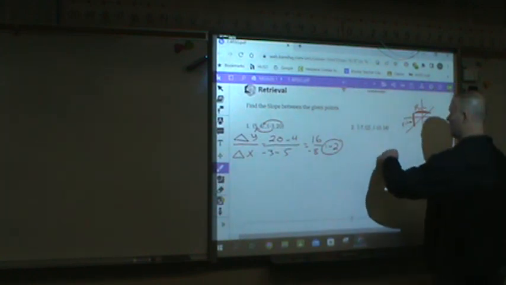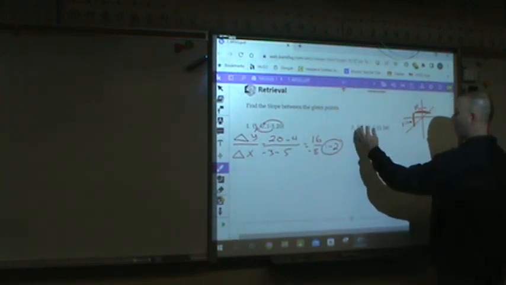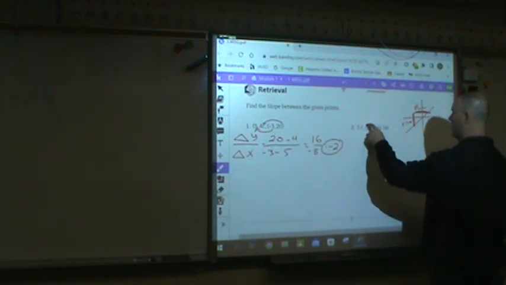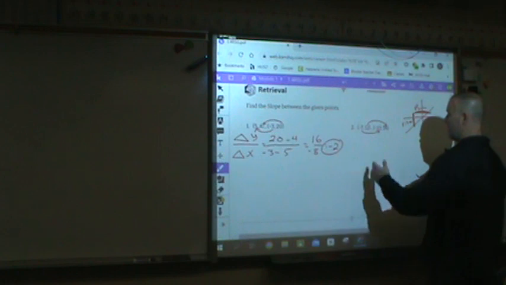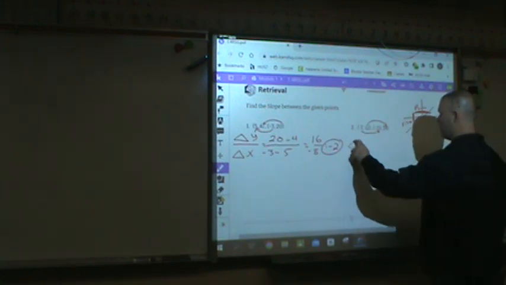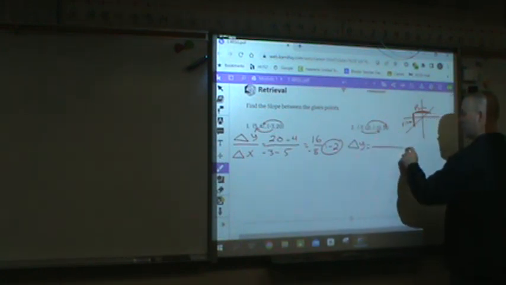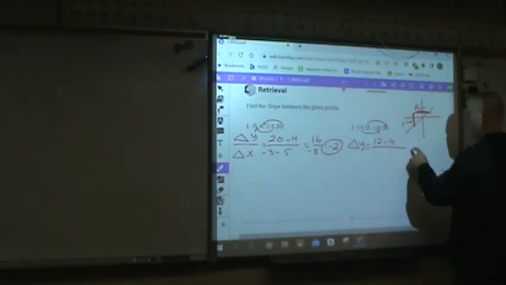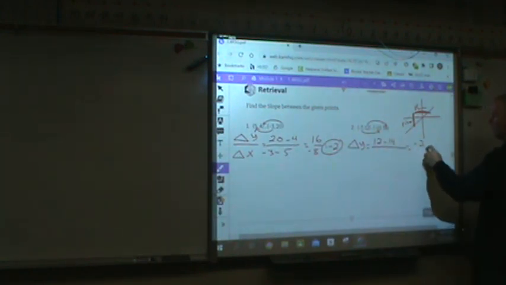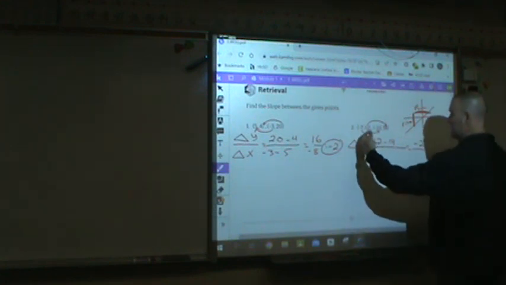We do the same thing with question number 2 here. Now, I'm going to go from the first point to the second point. It doesn't matter how you do it, as long as you're consistent. So delta y, what's my change in y? My change in y is 12 minus 14, which gives me a negative 2. Okay, fine. Now I have 2 negatives, so I need to be careful.